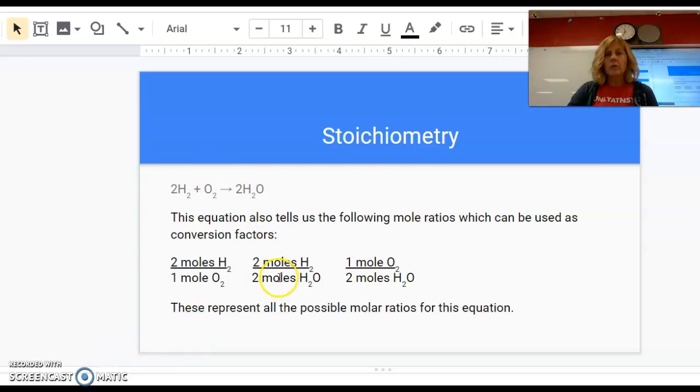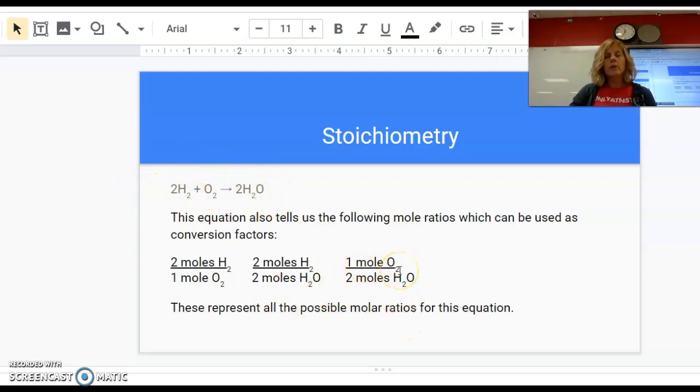I just realized I couldn't write on this. Anyway, so 2 moles of H2, one of the reactants, in a complete reaction can produce 2 moles of water. It can't do that without the oxygen, but I can make a conversion factor between anything in this balanced equation.